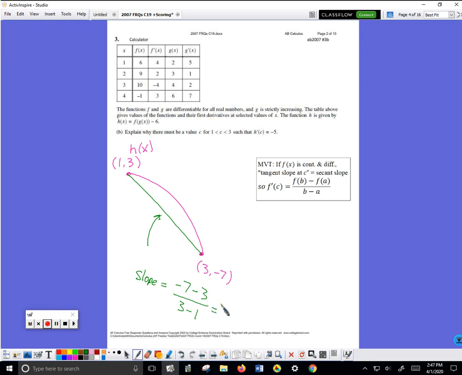This is negative 10 all over 2, or negative 5. So I need to show this computation right here. I don't need anything else, but I need this computation in order to get 1 point.